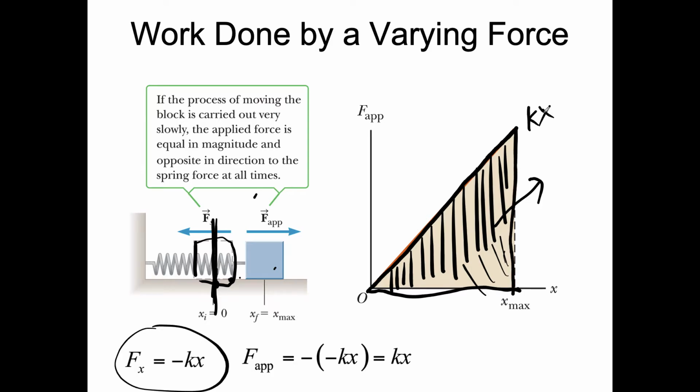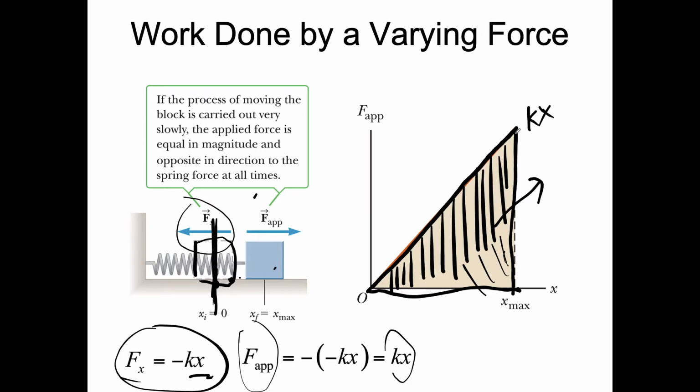The magnitude is kx. Now the force we apply is in the same direction as the displacement. The spring force is in the opposite direction of the displacement. This is the spring force, in the opposite direction of displacement. The force we apply is in the same direction as displacement.